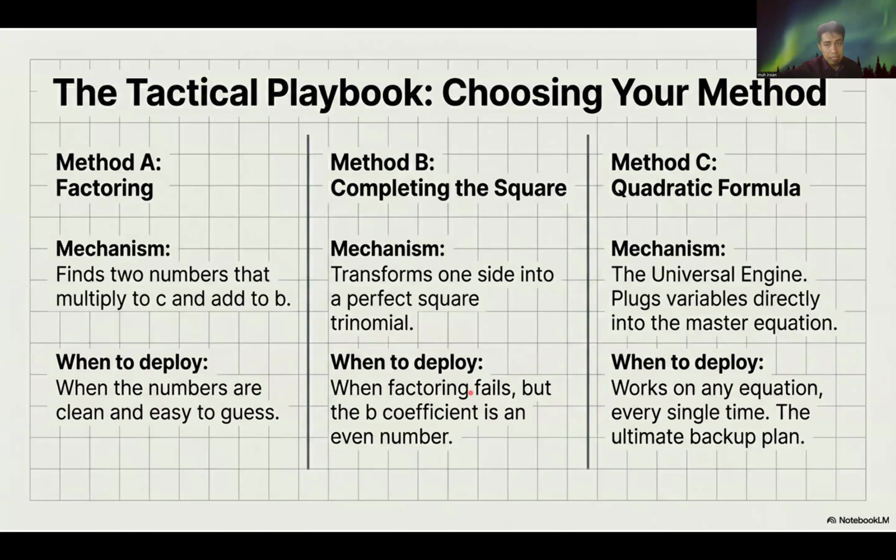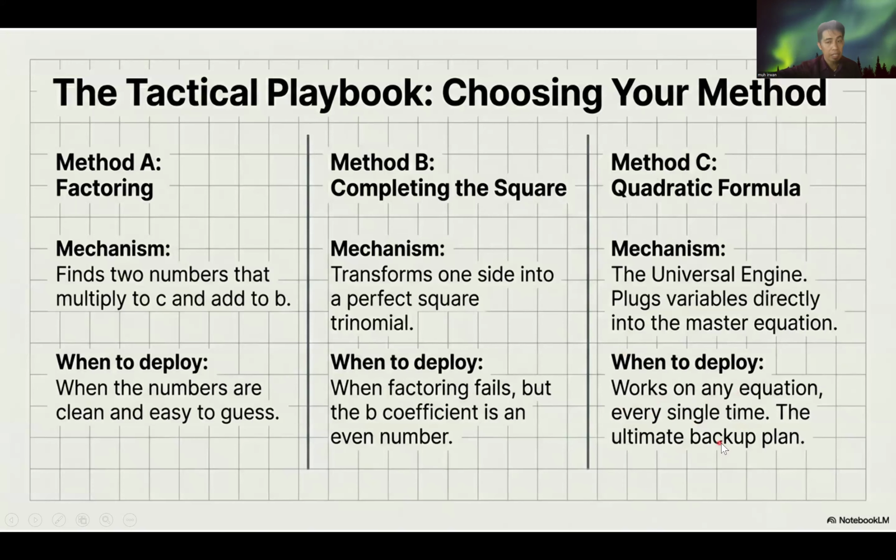The last method is the quadratic formula. The mechanism is the universal engine: plug variables directly into the master equation. We can deploy this method on any equation every single time.